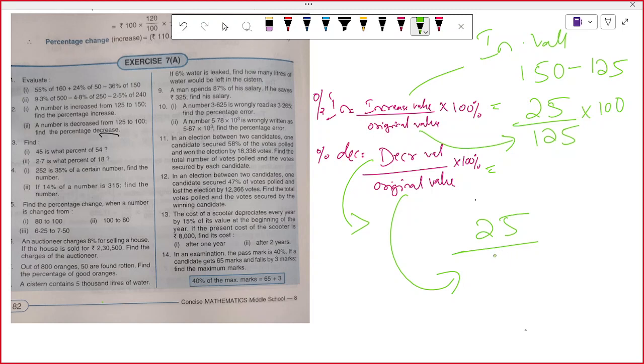What's the original number? 150. So 25 divided by 150 into 100. I'll check whether they've given this formula in the textbook. You can take down both formulas, whichever you feel is easy.